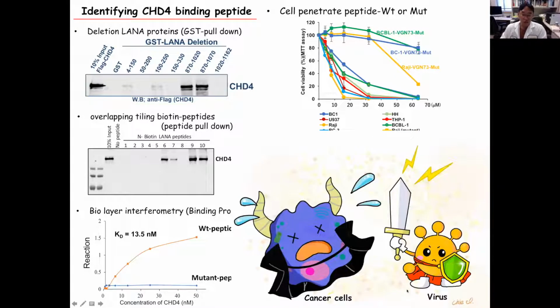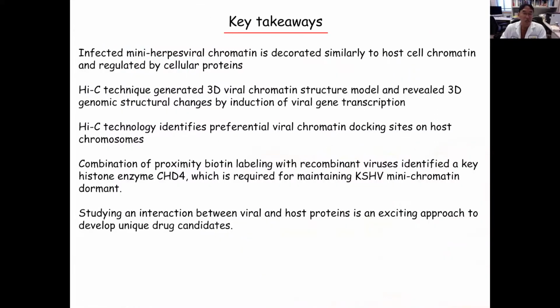So we think that using viral-host protein interaction as an entry point, we may be able to identify cancer drugs. The key takeaway from this talk: infected herpesvirus chromatin is decorated similarly to the host chromosome. Therefore, it gives us a very nice model to study gene regulation.